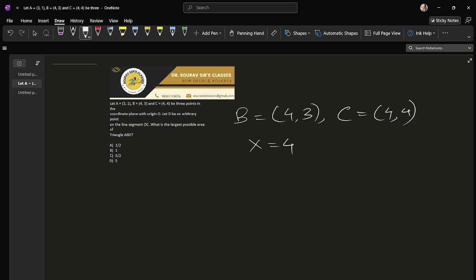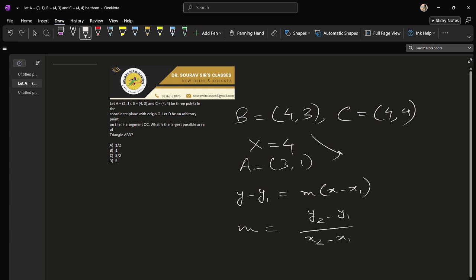Now for A equals (3, 1) and B equals (4, 3), we use the general equation of a straight line, so we put in these values. The slope m is (y2 minus y1) by (x2 minus x1), that is (3 minus 1) by (4 minus 3), which is 2.